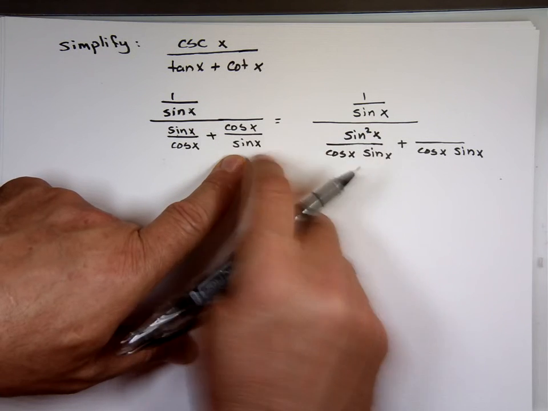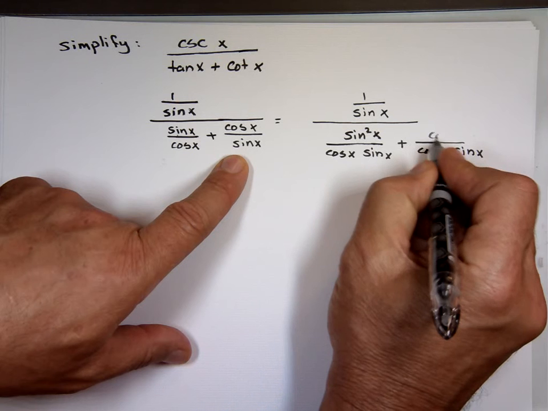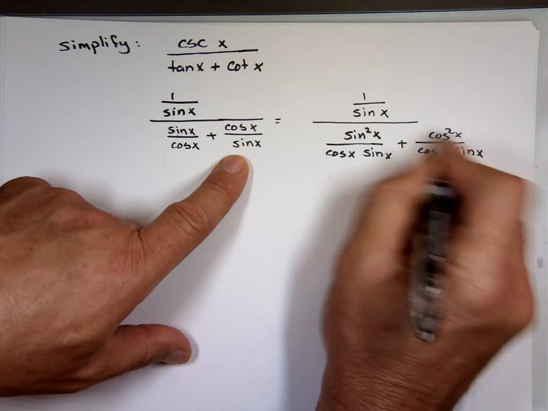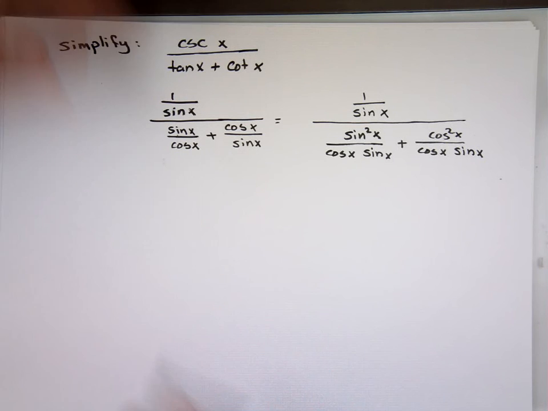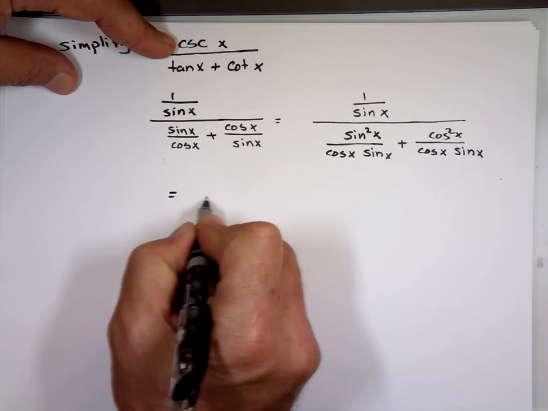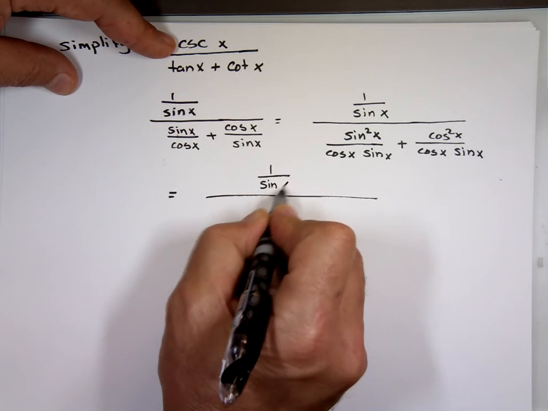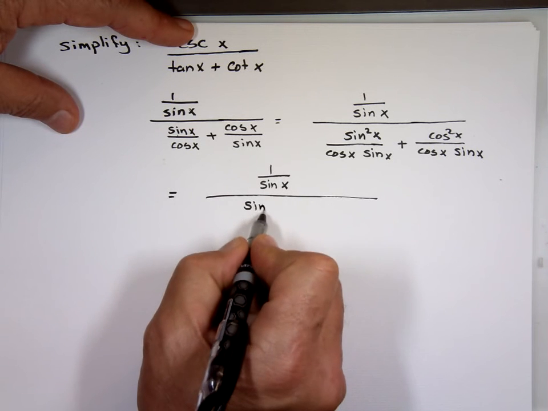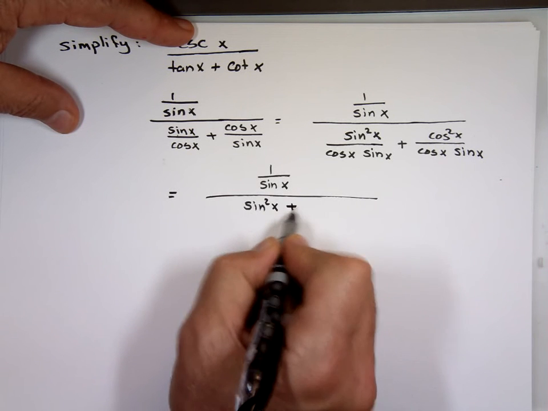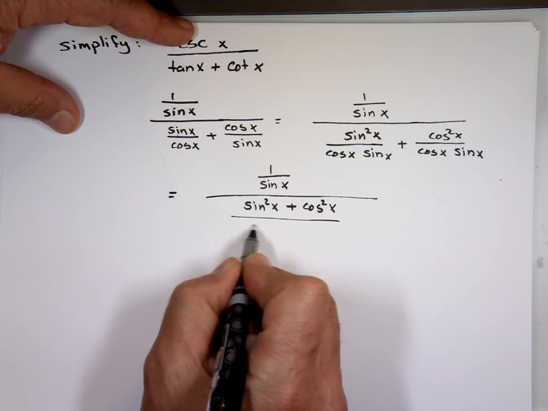What's cosine times cosine? Cosine squared x. I can rewrite that. Leave the top alone. I'm ignoring it for now. The bottom is going to be sine squared x plus cosine squared x over what? Cosine x, sine x.